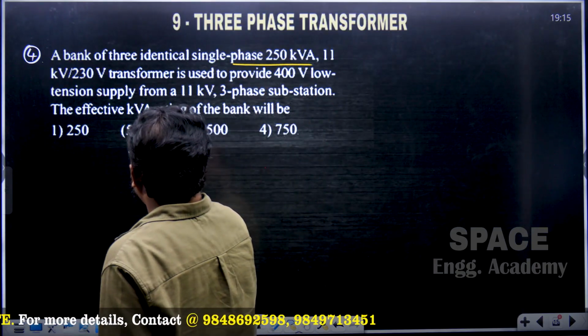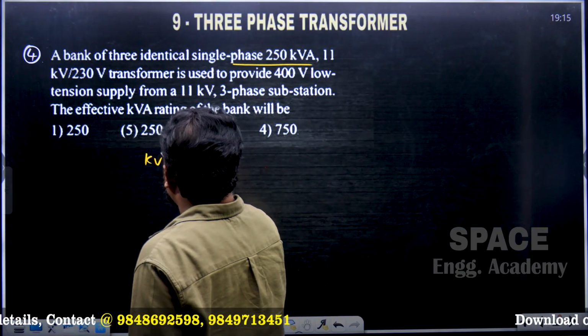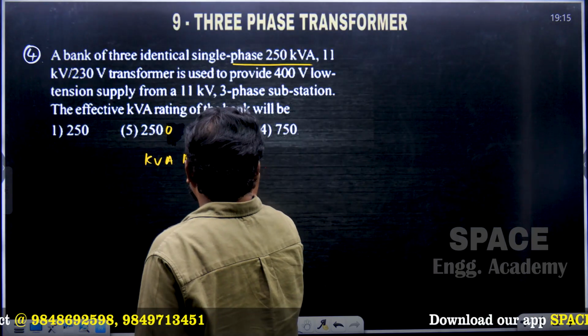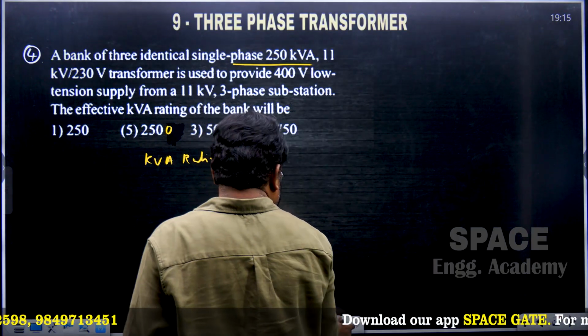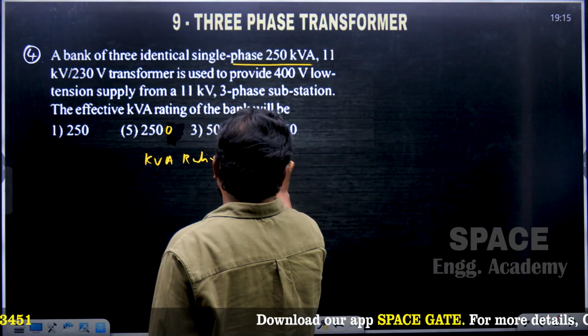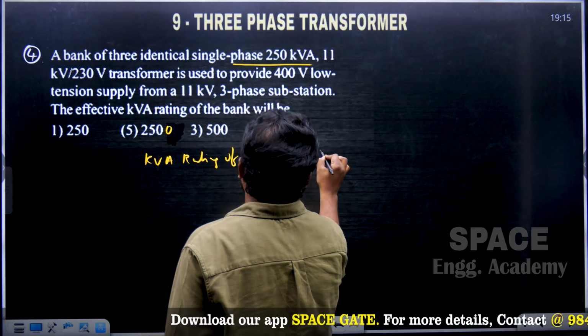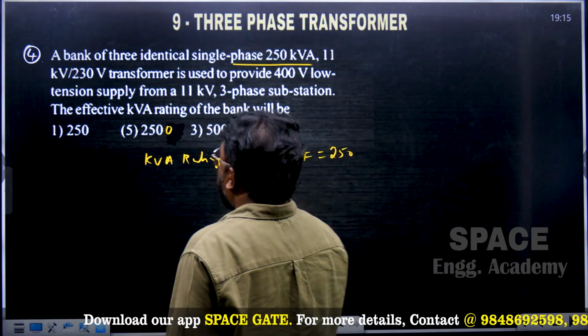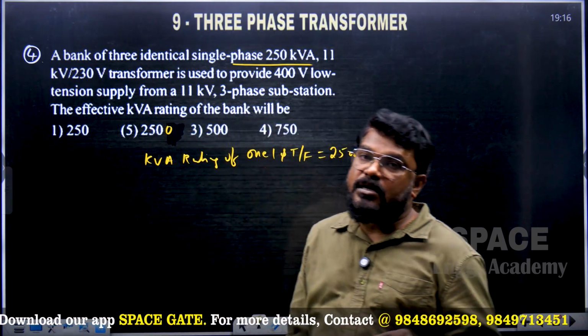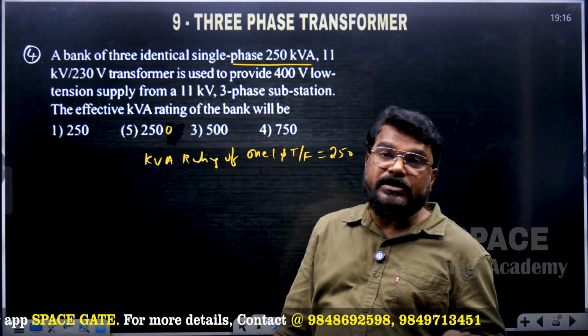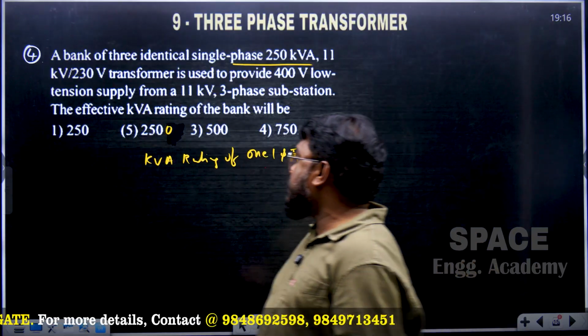So here, the kVA rating of one single phase transformer is equal to 250 kVA. For a bank of 3 single phase transformers, how many single phase transformers are required? 3 single phase transformers are required.